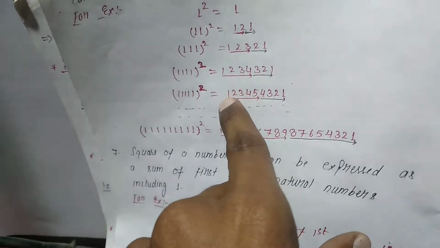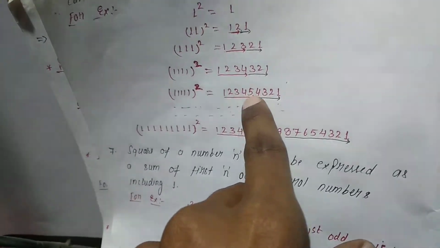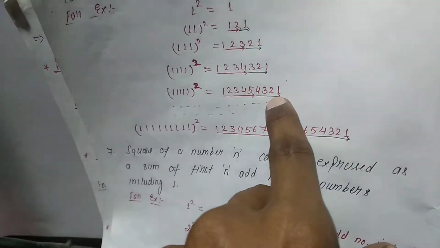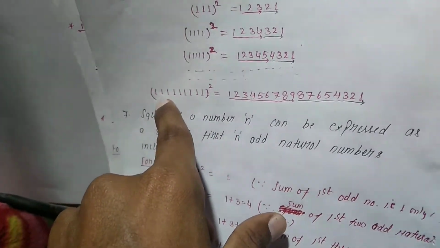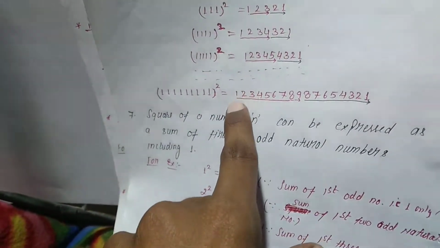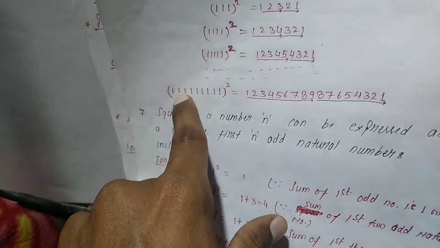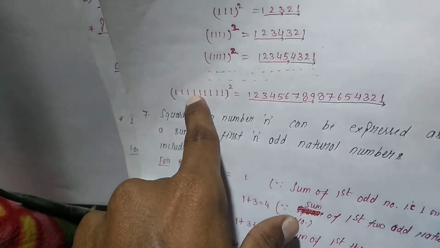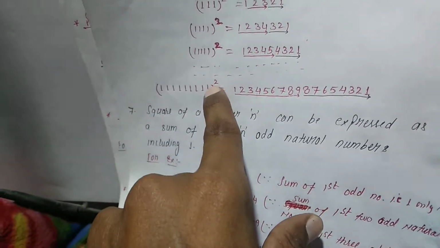See, 1, 2, 3, 4, 5, up to 5 we write in counting, then from 5 we move in descending order till 1, and this pattern will be applicable up to 9 ones. See here, 9 ones are here, and its square is needed to be found.